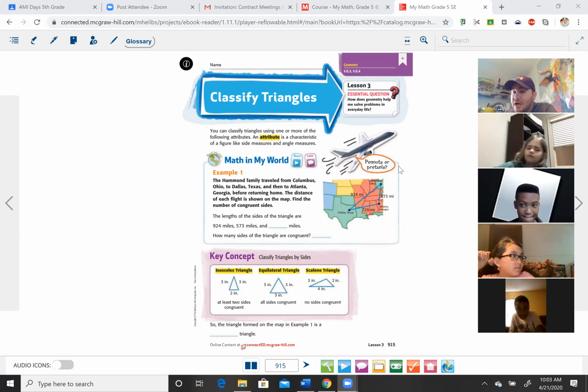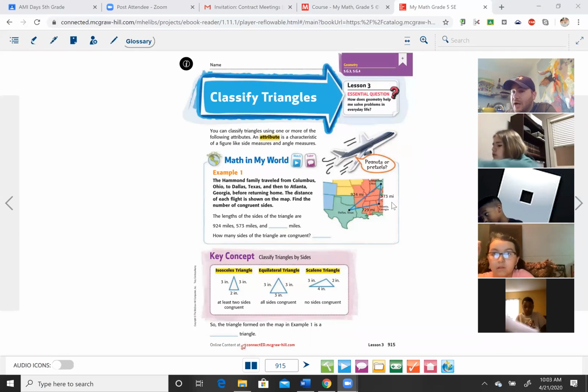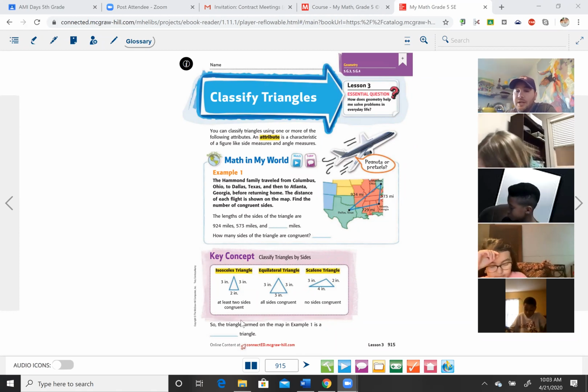So none of those have congruent sides. What that means is when we come down here to our key concepts, no sides congruent means that triangle up there is scalene. So scalene would have been our answer, because it has 0 sides congruent. But we come over here to 2 sides are congruent. That is an isosceles triangle.